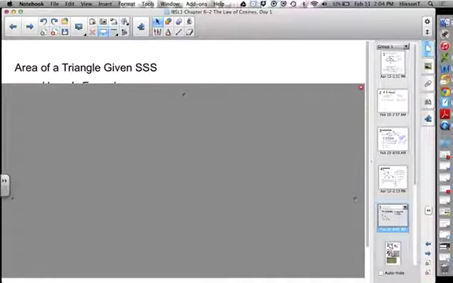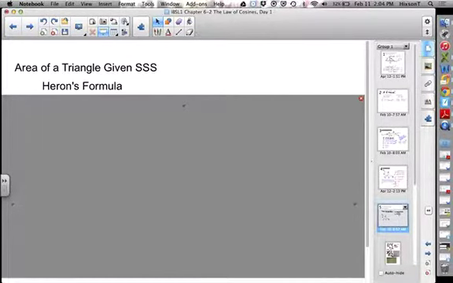Okay, that's how it was originally done. And then there's also a proof of it that uses the law of cosines. Alright, I'm not going to show you either of those for time's sake. But the person who came up with this, his name was Heron, so this is known as Heron's formula. Okay? And this is for finding the area when we know all 3 sides.